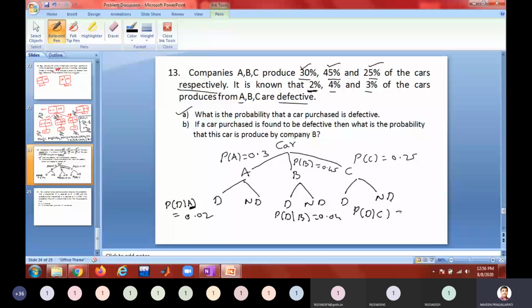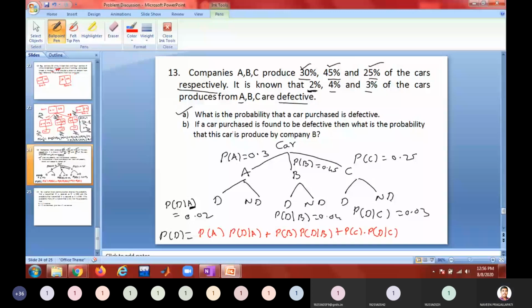Now what you want is probability of D. What do you mean by probability of D? Probability that the car is produced by A and the probability that the car is defective given that it is produced by A, plus probability of B into probability of D given B, plus probability of C into probability of D given C. So what you have to do is start from the root and reach the leaf.